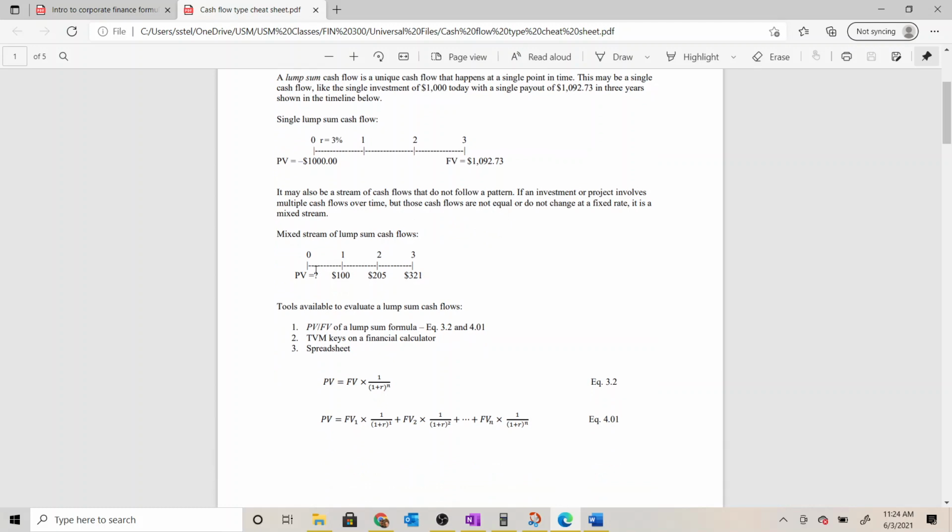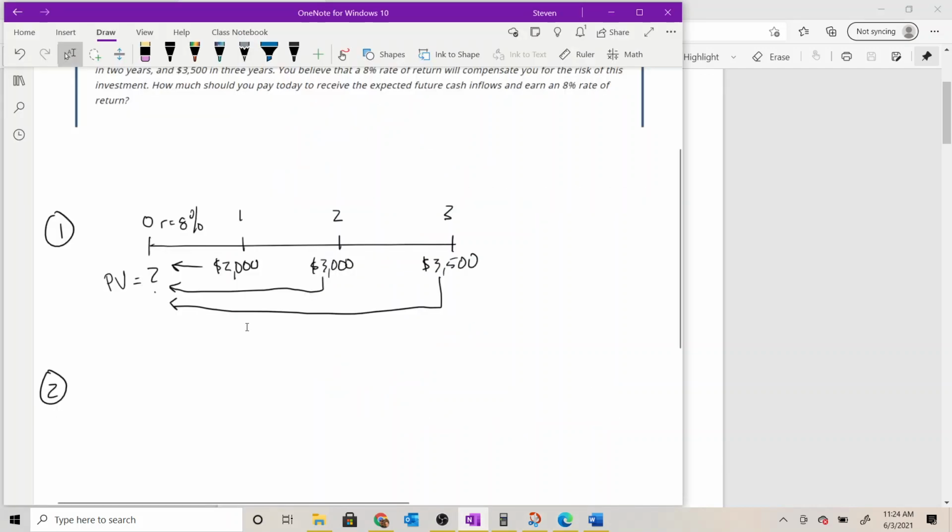If I look at the next timeline example, though, under lump sums, I have something that looks pretty familiar here. In fact, it looks very familiar. We've got a present value unknown at time period 0, and then we have three cash inflows that don't appear to be related by any sort of set growth rate. They're just three different cash inflows on this timeline. And this is exactly what our timeline looks like for this particular problem.